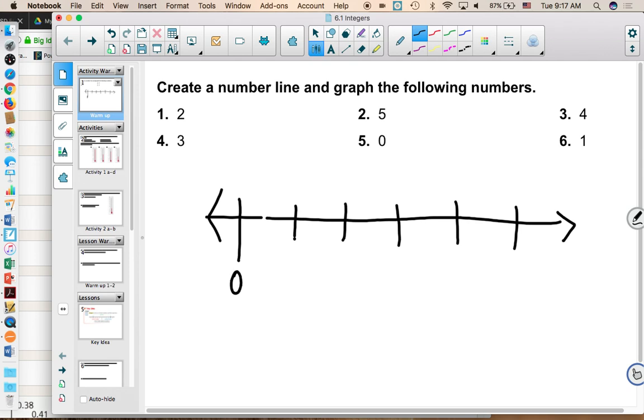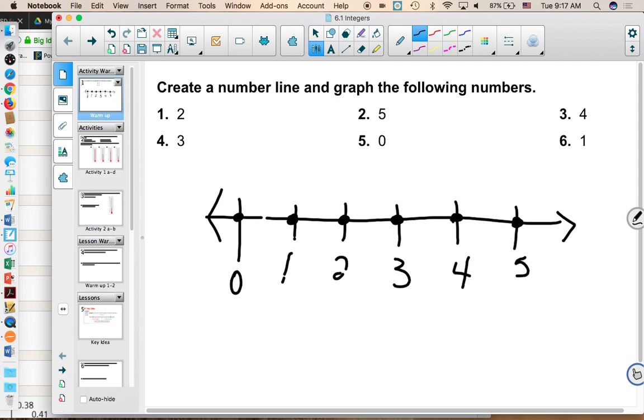So if I put a number on a number line, I put a dot, and I say that's number 5. I've got to do 1. I've got to be able to do 2. Number line 3. And 4. Now, if you notice, the dots tell me that that number is graphed on the line.